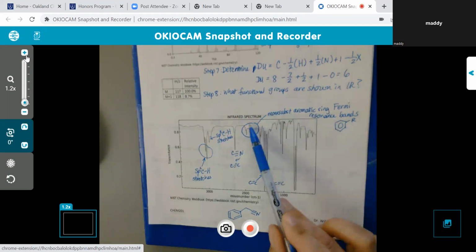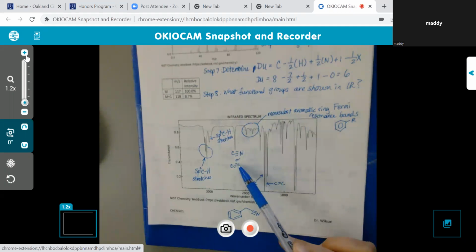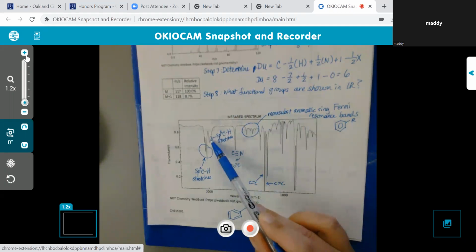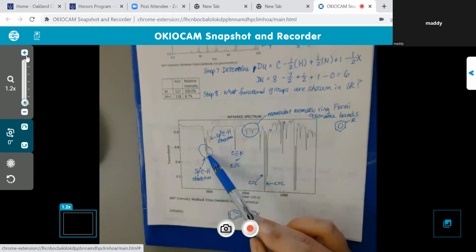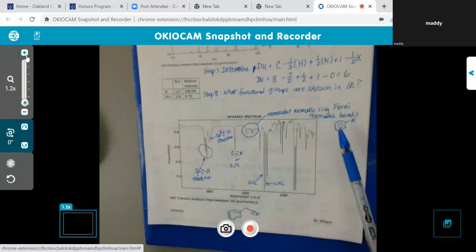That's what this pattern of Fermi resonance bands tells me. I also see that I have some kind of alkyne. It looks like only one. It's a very small proportion of the molecule. That's an sp3 carbon to hydrogen stretch. But I do see lots of sp2 carbon hydrogen stretches. And I see evidence of carbon-carbon double bond stretches. That's consistent with this information and this information.